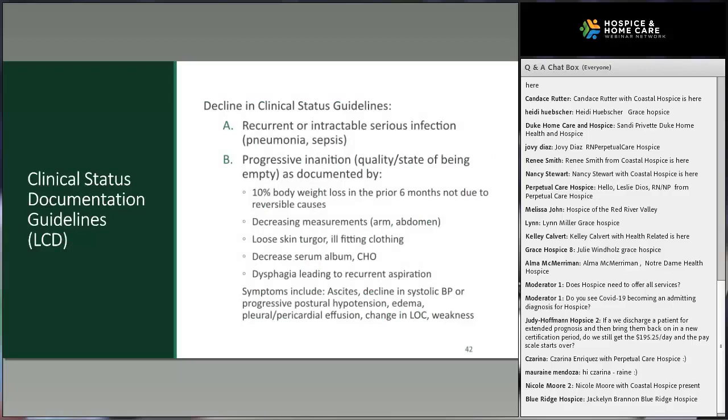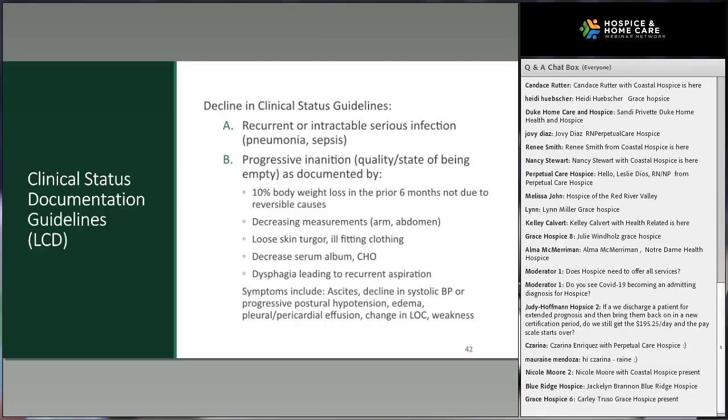So clinical status documentation, you need to show if there's a decline or has there been a challenge, such as recurrent or intractable serious infection, perhaps pneumonia, sepsis, or progressive inanition, where the patient just has that emptiness feeling all around.